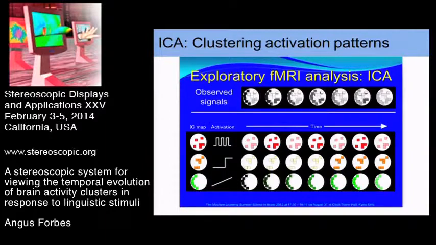On the top, you see these observed signals. Those voxels are lighting up in different ways with different intensities over different times. And then the ICA tries to separate out different activation patterns and can find, for example, the first one, those voxels are coming online and offline or pulsing over a certain rate of time. The second one's more like a step function. Nothing happens and all of a sudden it goes online.